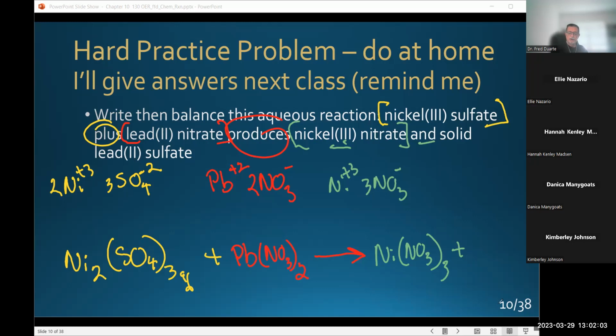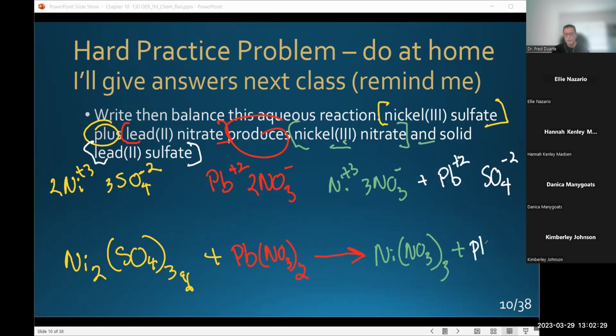And let me change this to this color. And solid lead(II). So lead(II) is still Pb2+, and then sulfate SO4 2-. So in this case, we can put them together as a 1-to-1.